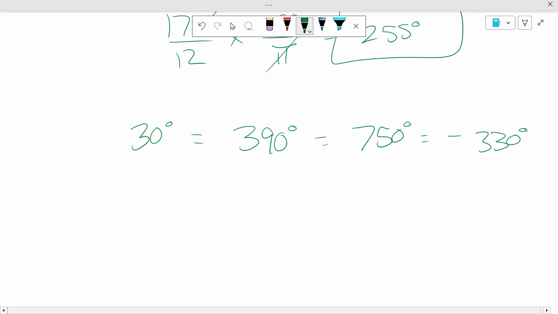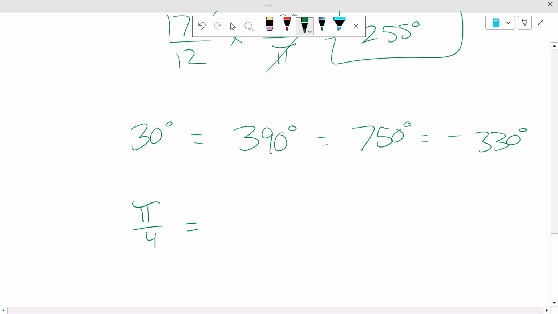Well, if we have pi over 4 radians, what's coterminal with it? Trying to find out what's coterminal with that. Well, how many radians is 360 degrees? 2 pi radians, right?